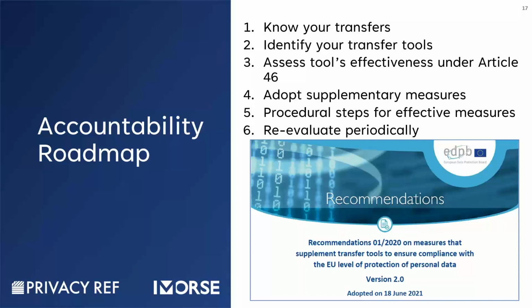And they're going to be held responsible to make sure that the information is protected properly. Now, the importer has some responsibilities as well, certainly to properly protect the information, but also the ability to provide information back to the exporter about what's happening. And in fact, that's part of the supplementary measures that we'll be talking about as we go through this.